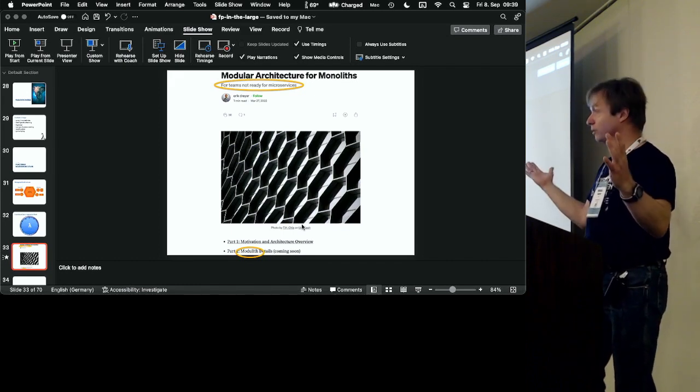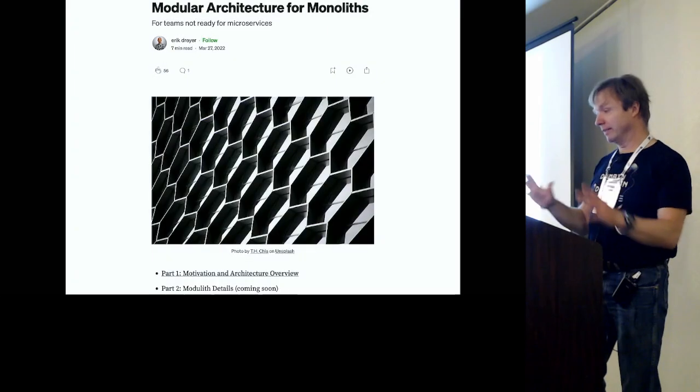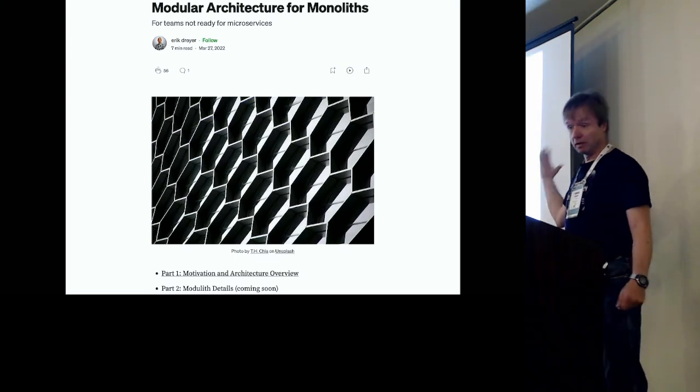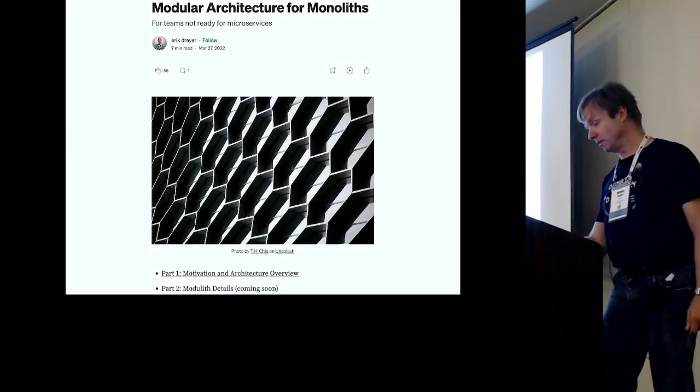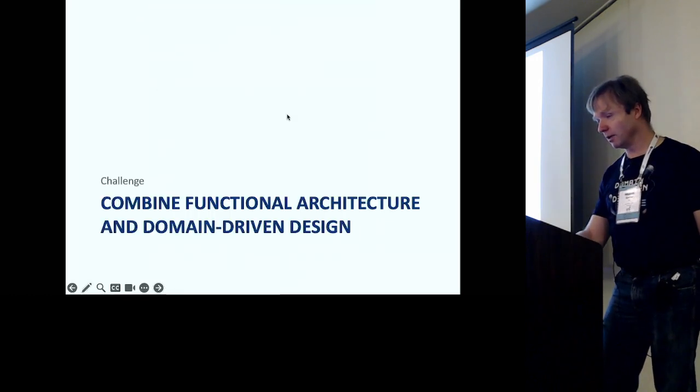And that's kind of depressing, and it seems that we should be able to make a contribution there. So that's one thing: we could help the architecture community to build modular monoliths, maybe even by default or something like that. So that would be one challenge.